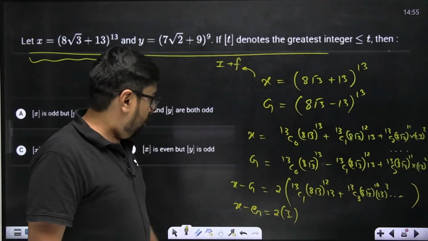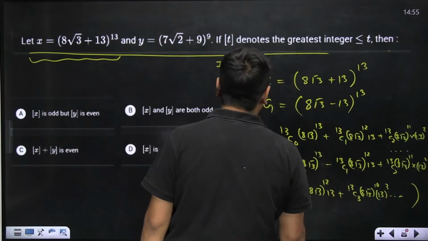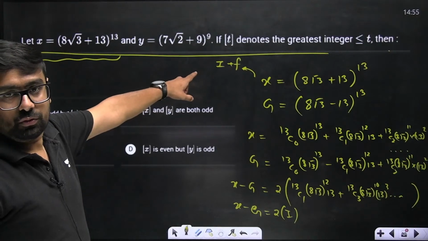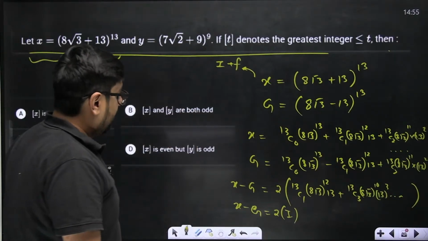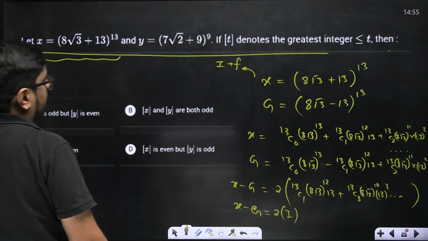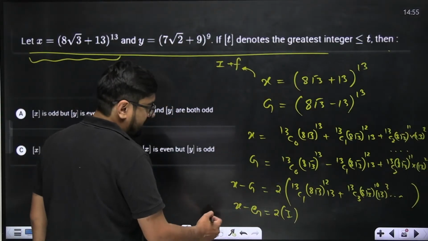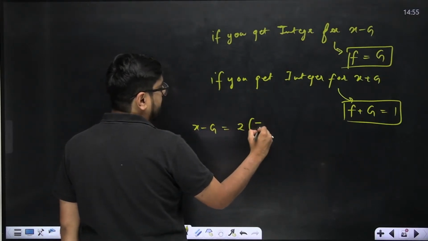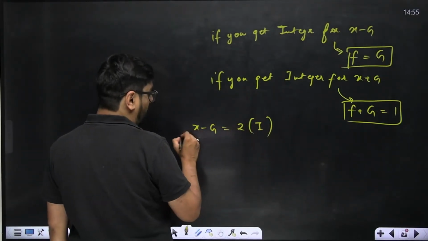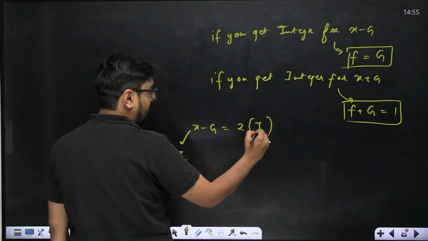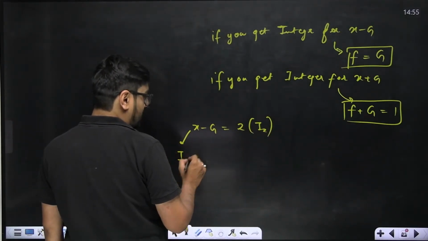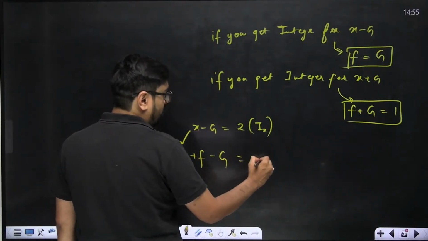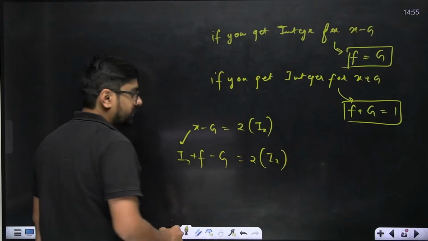So here we are doing x minus g. That means our fractional part is equal to g. You know that x minus g is 2 times some integer. What was x? x was some integer, let's say I1, plus a fraction, and so the fraction minus g is equal to 2 times an integer.